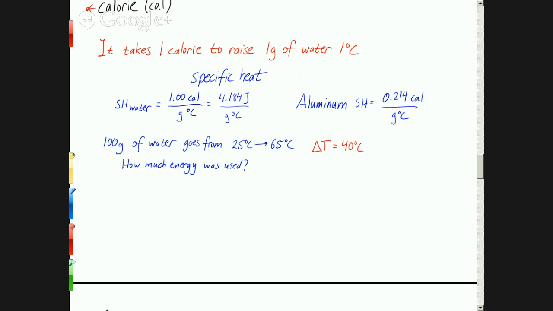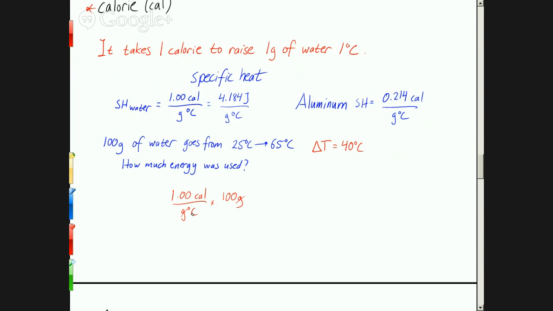So now let's take a look at this unit for the specific heat of water: 1 calorie per gram degree C. We can set something up here to cancel out that gram and that degree C and end up with energy. If it's 1 calorie per gram degree C, and we actually have 100 grams, then we've got 100 calories first, right?